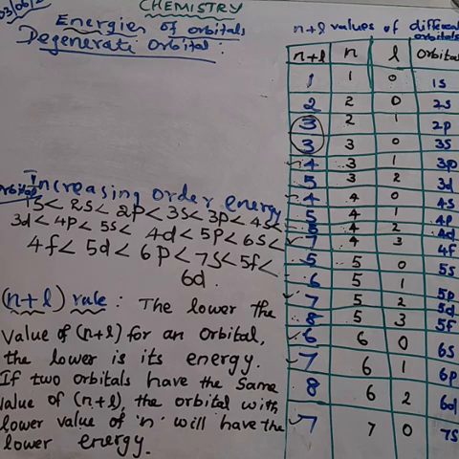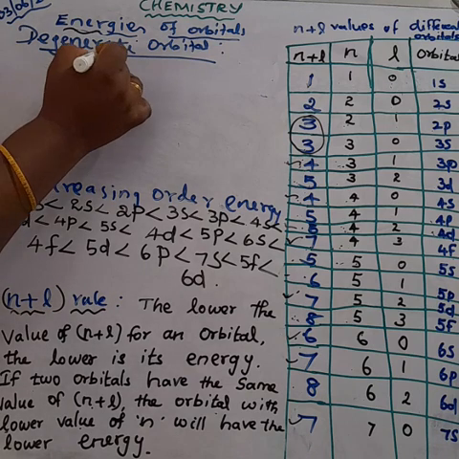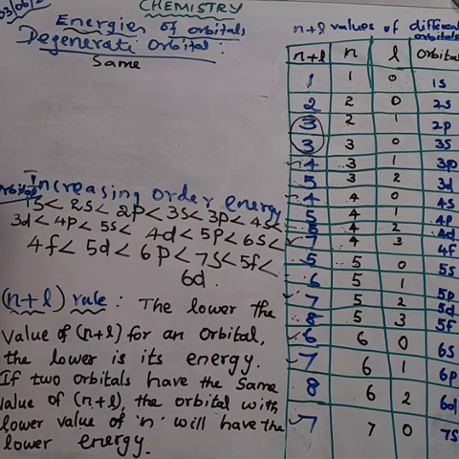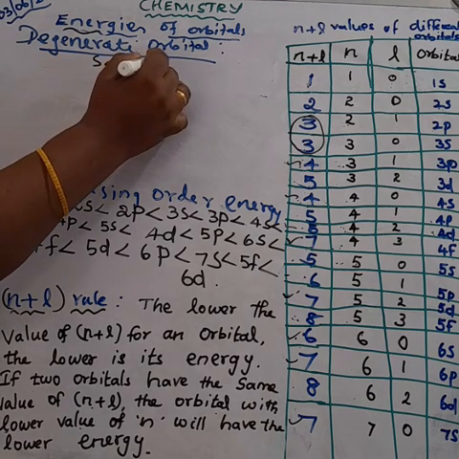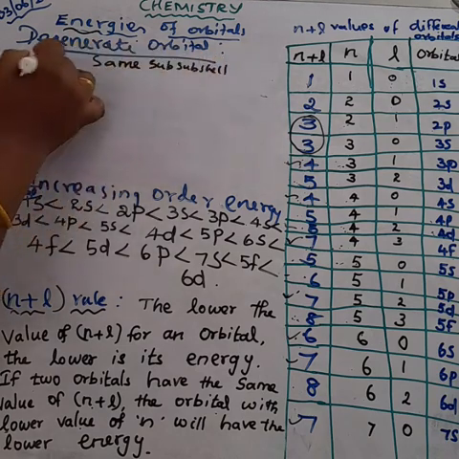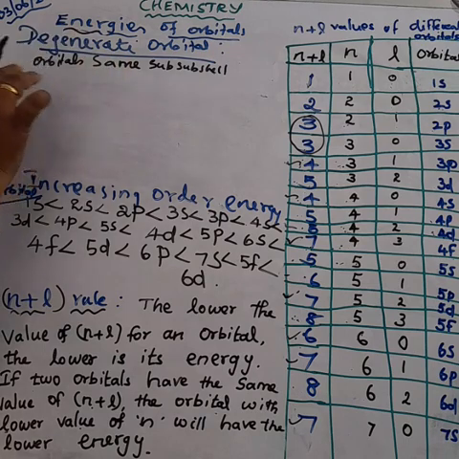That is called degenerate. Within the shell, the subshells are there, and within the subshells, the orbitals are there.